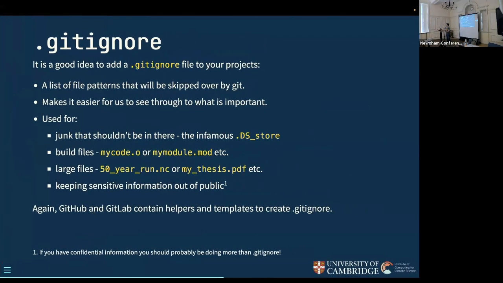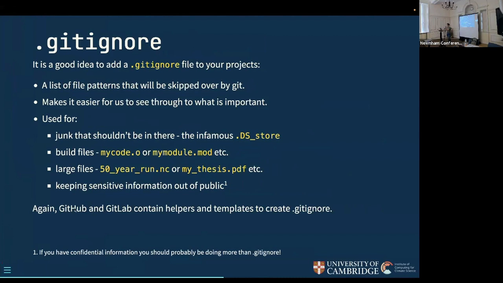The idea of the .gitignore file is that it's a text list of patterns that will be matched when we run any git commands, and anything that matches won't be touched by git. It'll just be, as the name suggests, ignored. So it makes it easier for us to filter through what's important.